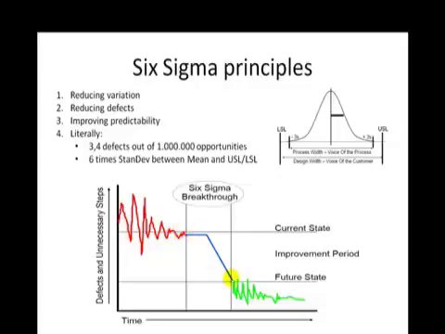And within a short period of time, typically 3 to 6 months, we reduce the variation. So you can see it on this green line. We have less variation, and on average, we also reduced the defects, mistakes, and unnecessary steps. So this is the aim of Six Sigma.